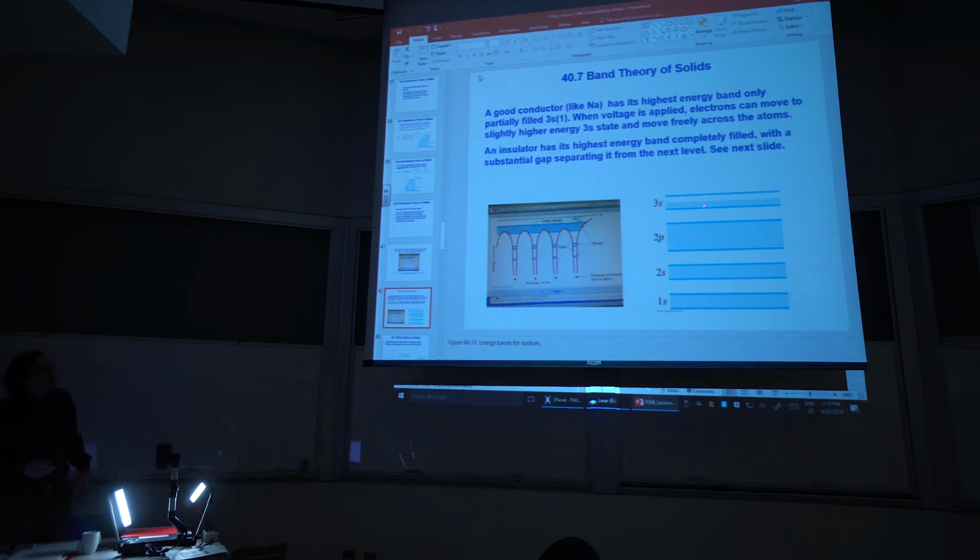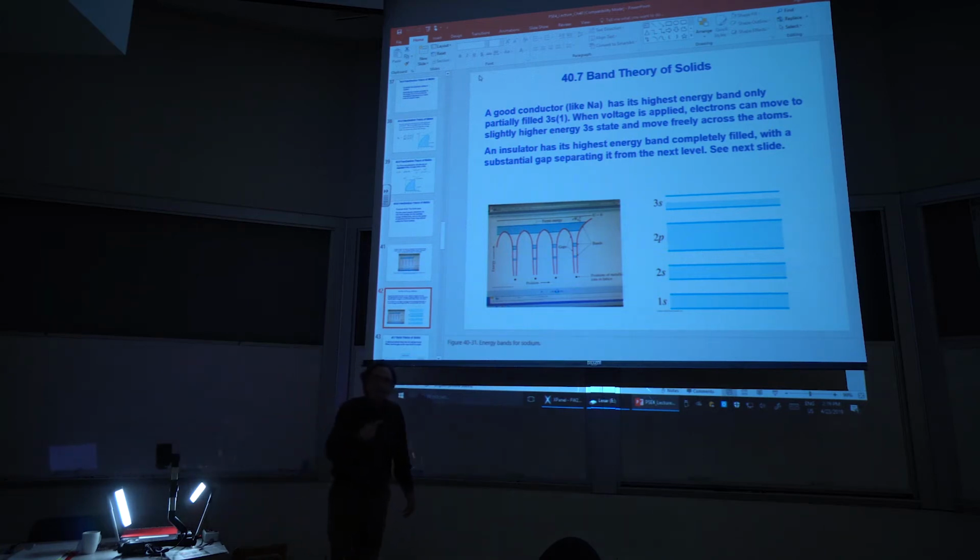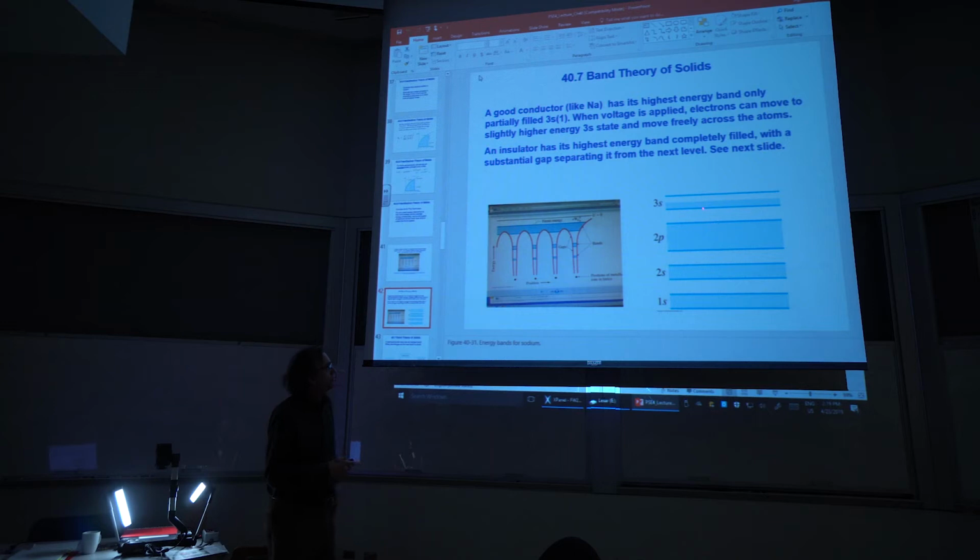Now, the reason this is important is that this is a very important property of conductors. A conductive material is one in which there is an unfilled valence shell. Right? The outer shell is unfilled, and therefore, if I apply a voltage across the material, it is very easy for electrons to move.